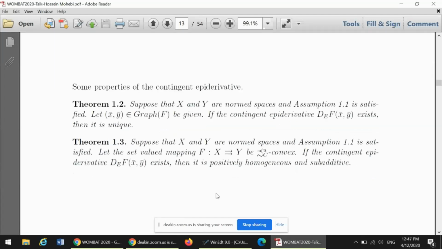Also, in this case, let the set-valued mapping F be convex with respect to upper set-less order relation. If the cotangent epiderivative of F exists, then it is positively homogeneous and subadditive.